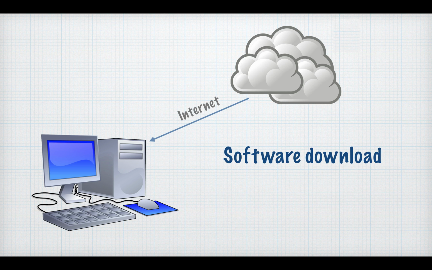You want to take extra caution there because it could be embedded with malware. It could have good software with it, but it could also have a Trojan horse. It could have a virus with it. It could have ransomware. And so you're downloading something you want, and at the same time you're downloading and installing something you don't want, and that's the trick. They use that to get you to download it.